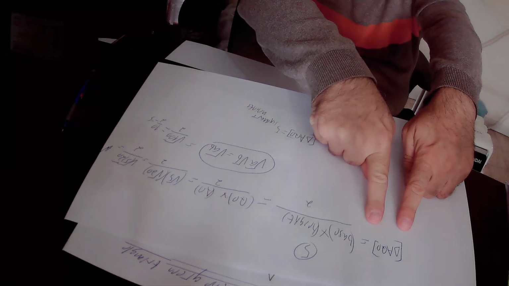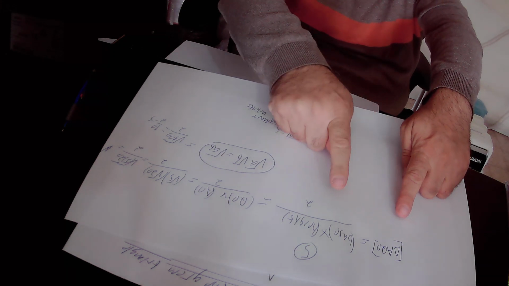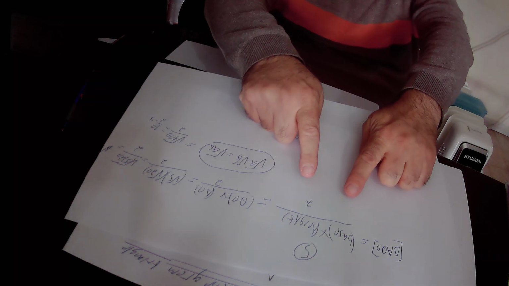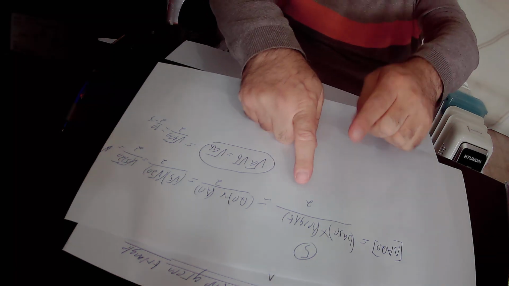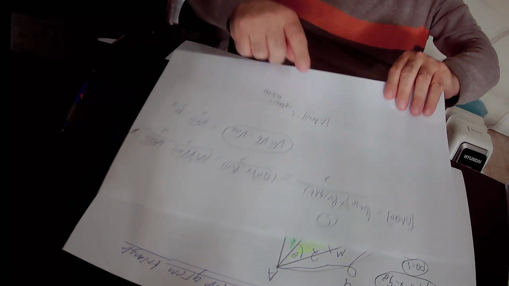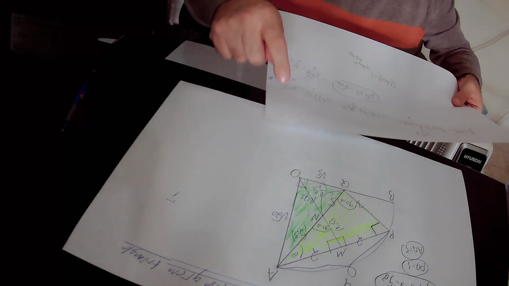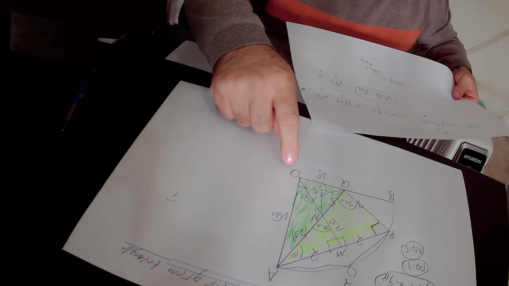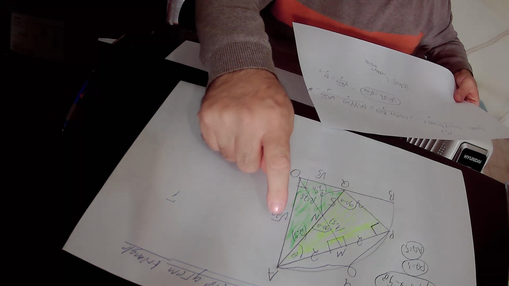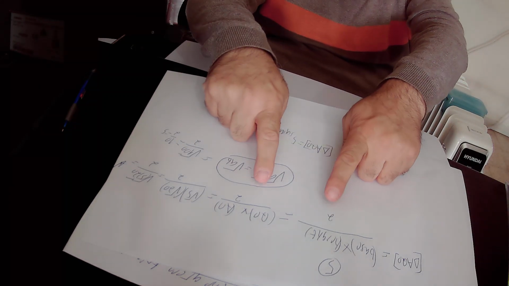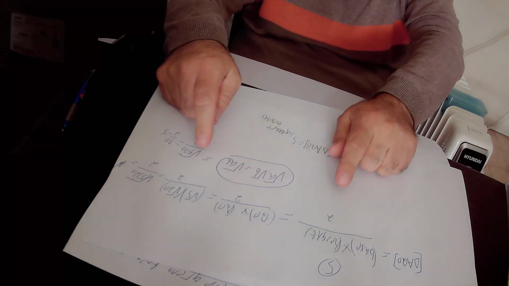It means that the area of triangle AQO equals, the area of any triangle is the base of the triangle times the height over 2. The height must create 90 degrees with the base. The base is QO and the height is AO. Why the height is AO? Because the height AO creates 90 degrees with the base QO. Again, the base is QO, the height is AO, over 2.